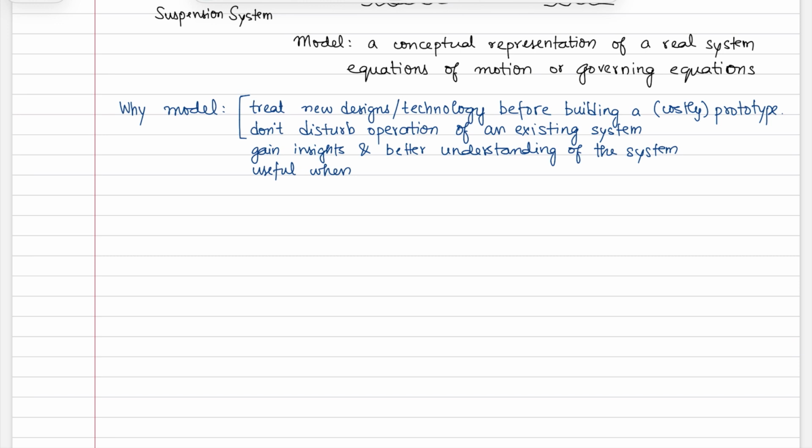So it's useful when experiments are dangerous, or when there are some extreme situations like firefighting and so on. You can use models as a way to simulate the real environment. For example, a firefighter. So you can use that for training for extreme situations and so on.